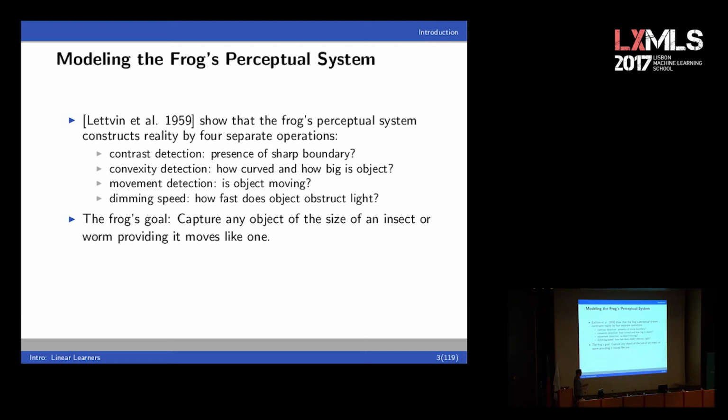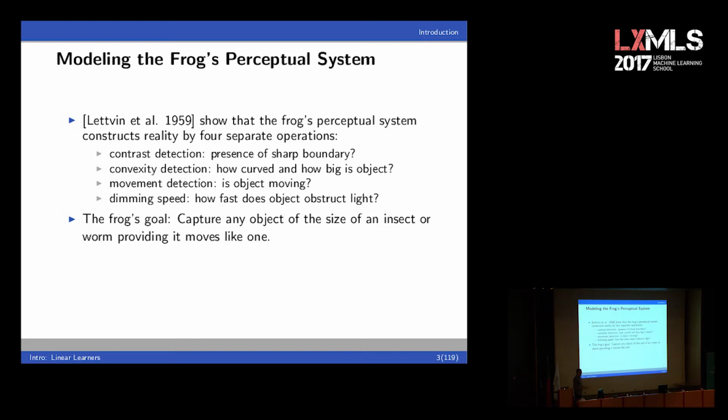The frog can detect contrast, so is there a sharp boundary? He can detect convexity, is the object round or not? Then is the object moving, and how fast is the object moving? So that's the world of the frog, nothing more. No colors, no metaphysics, no laugh.